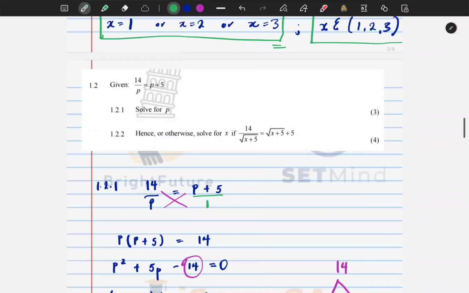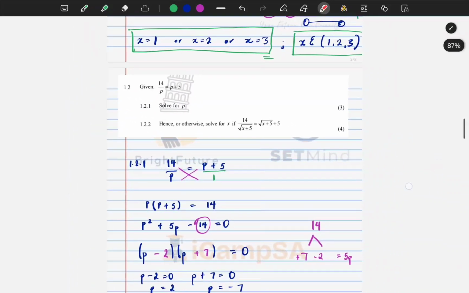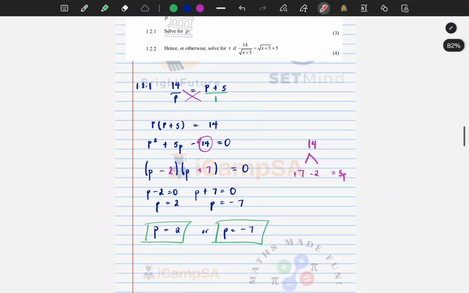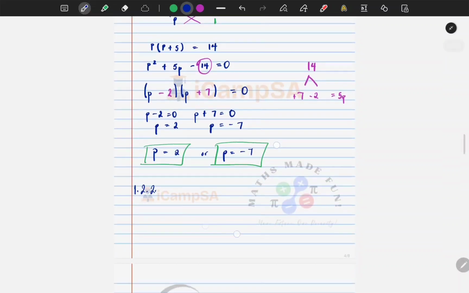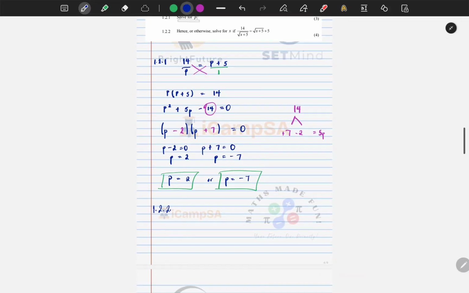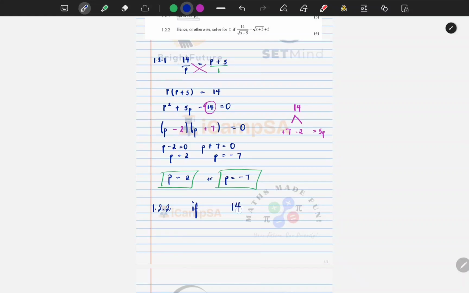Before I can do anything, I can see that this equation almost looks similar to this one, so I'm going to try and write it that way. This is 1.2.2.